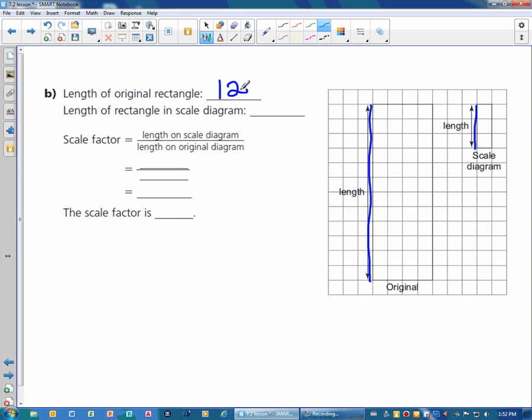The original is 12. The length of the rectangle on the scale is 3. Scale over original: 3 divided by 12 is the same as 1 over 4, or 0.25. So this is a quarter, or 25%, which again seems reasonable.